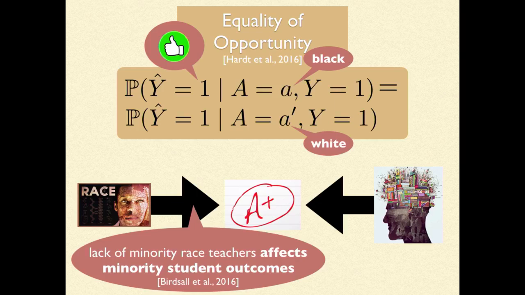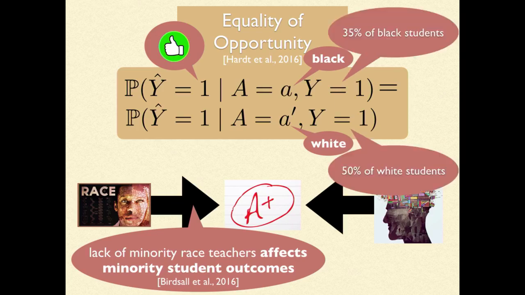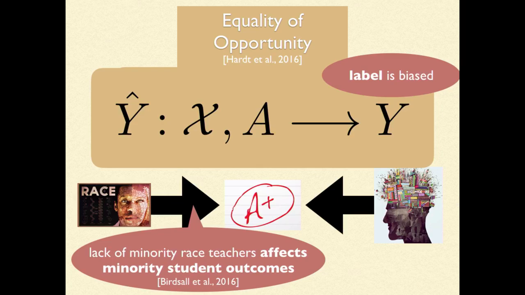And there's evidence that it does. Because of the biases I just told you about, there are fewer minority teachers in law school, and because of this, it affects minority students' grades and their law school outcomes. So this may result in something like 35% of black students being successful at law school and, due to this unfairness, 50% of white students being successful. So it doesn't account for the fact that the label itself may be biased in this case.